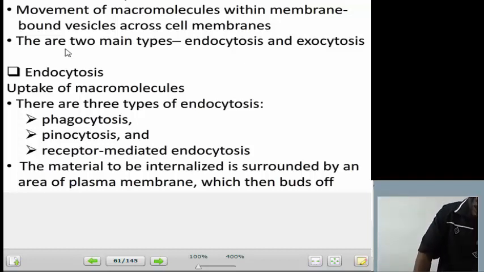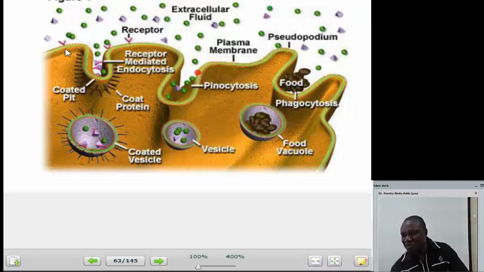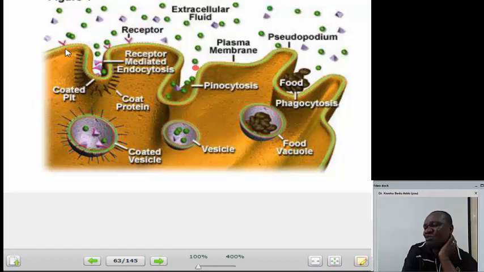Now, during endocytosis, the plasma membrane surrounds the particle that is to be taken up and forms a circle around it. And when it's gone around the particle, the vesicle pinches off and it's internalized.